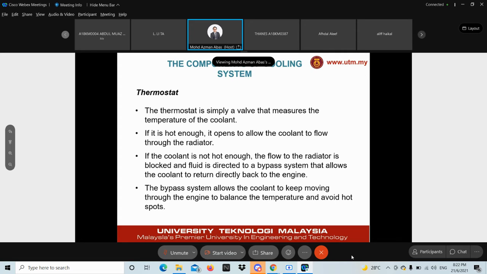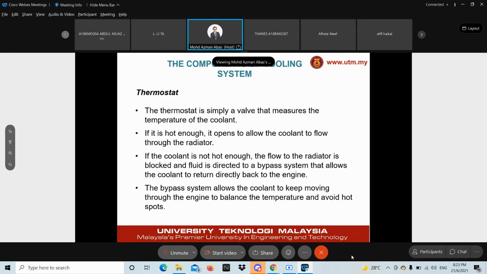Okay, but if the coolant is not hot enough, the flow to the radiator is blocked, or in other words, the valve is closed, and fluid is redirected to a bypass system that allows the coolant to return directly back to the engine and continue to collect the heat from the engine.